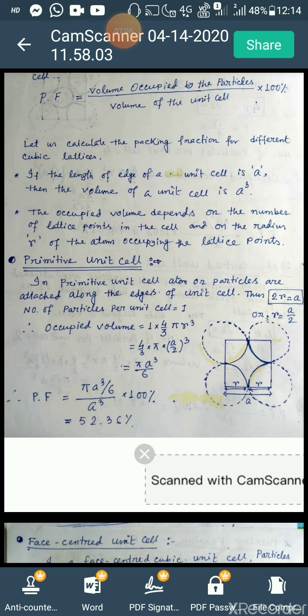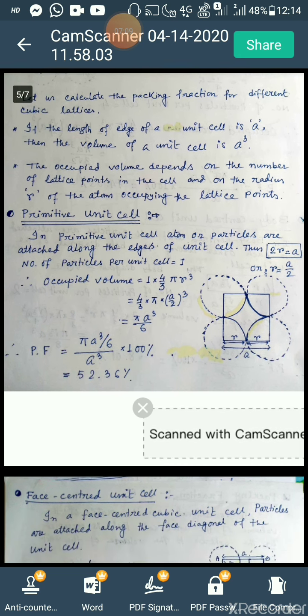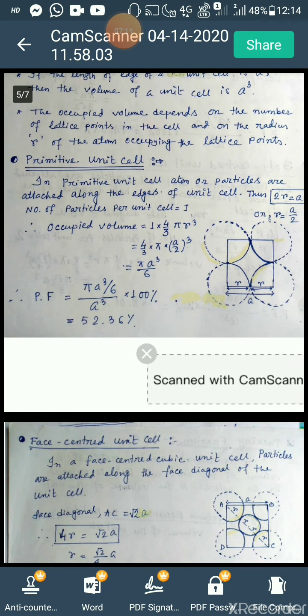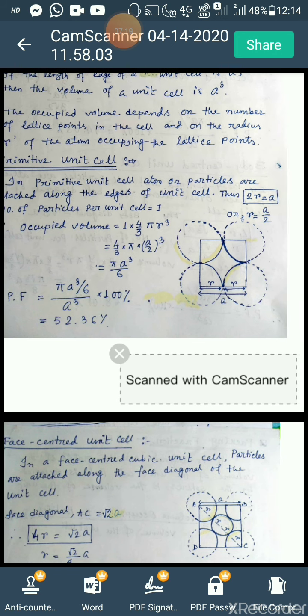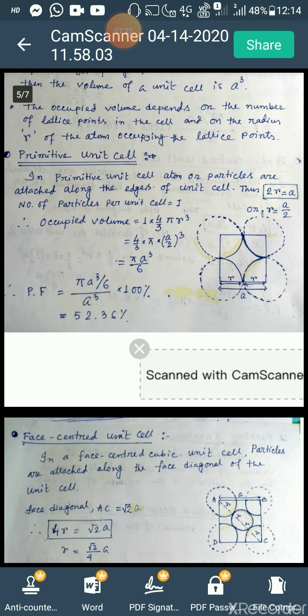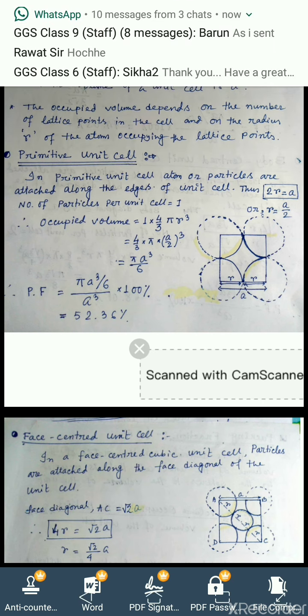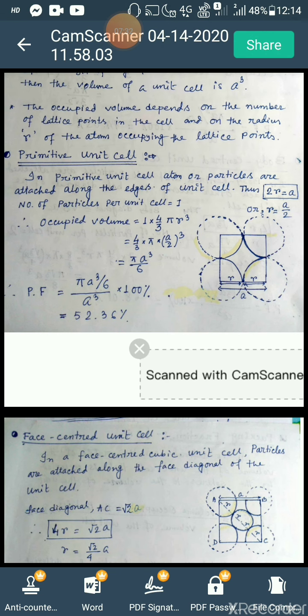So, calculation of packing fraction in primitive unit cell. In primitive unit cell, you have to remember that the atoms or particles are attached to each other along the edge. You can see the diagram to the right. This is one face of a simple cubic unit cell. Here you can see that the atoms are attached to each other along the edges.